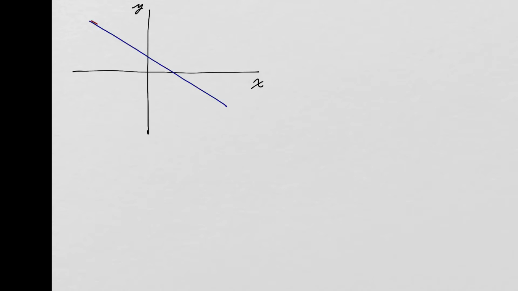It's hard to draw on top, I'll just draw it next to it. Let's say it lies right on top of that first line. So in this case, since every point, right, is a solution to both of those lines, then there's an infinite number of solutions. And this is called a dependent system.